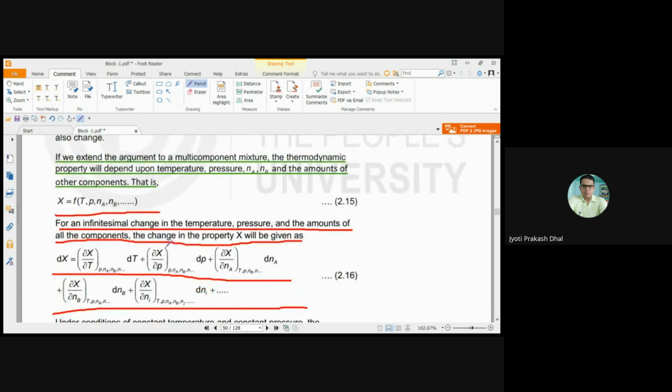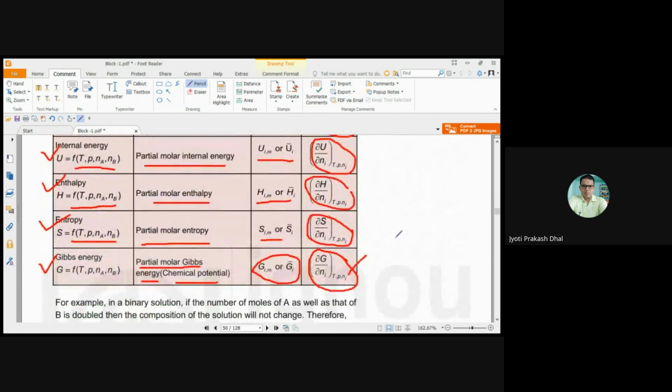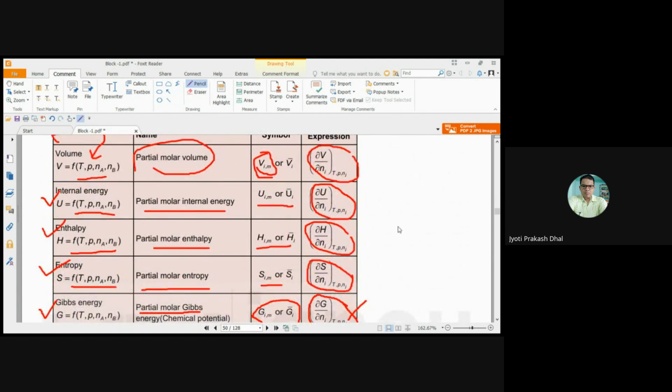Up to this point we have discussed the partial molar terms for a binary component system.